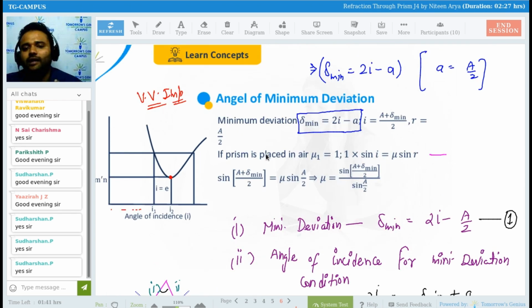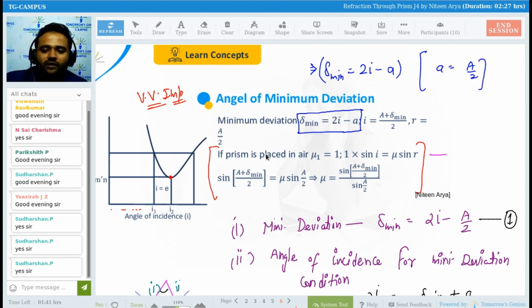Clear? How do they form the numerical? The angle of minimum deviation for an angle of prism A, which is 40 degrees. Okay, angle of minimum deviation is given. Find the refractive index directly. Got it? Obviously, at that moment, most students don't even know what angle of deviation is. So minimum angle of deviation and the condition related to that is a big thing.